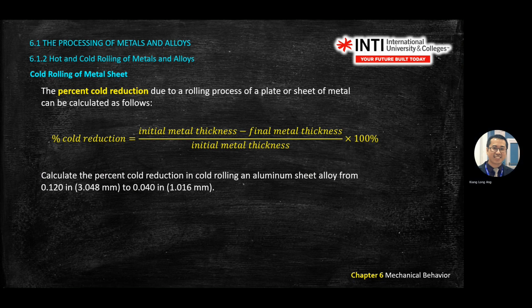So this is a quick question. For example, calculate the percentage of cold reduction in cold rolling. An aluminum sheet goes from 3.048 mm to 1 point something mm. So how many percent of cold reduction? Can you calculate it?